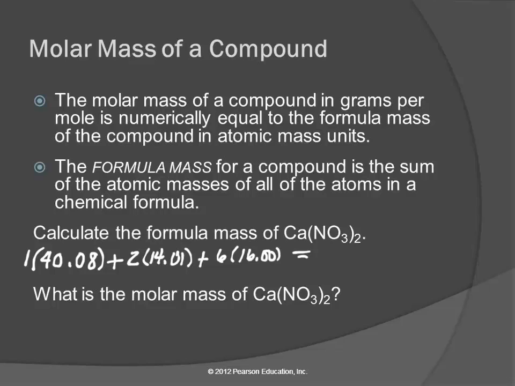And then we get out our calculators again. 40.08 plus 2 times 14.01 plus 6 times 16. Those are the actual buttons I'm pushing. So this comes out to 164.1.